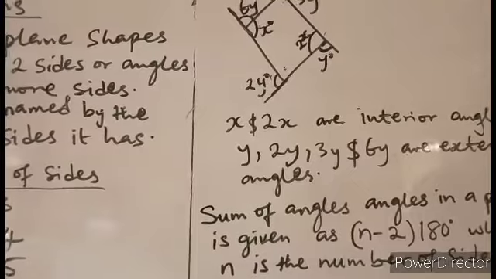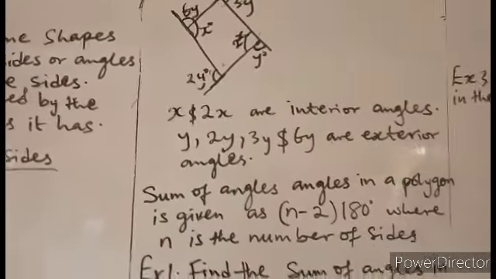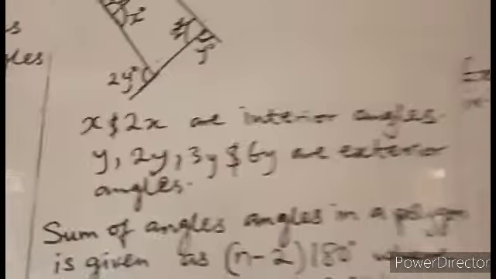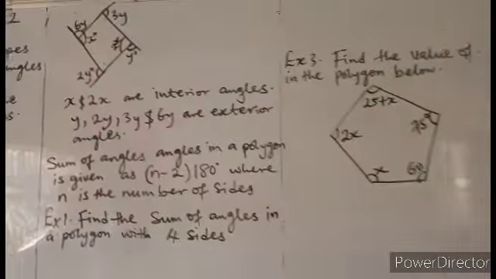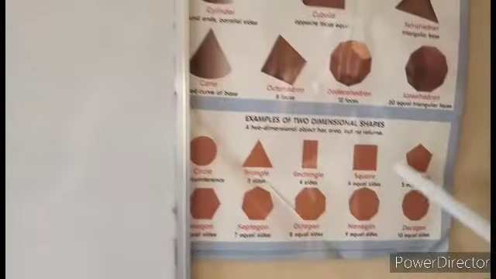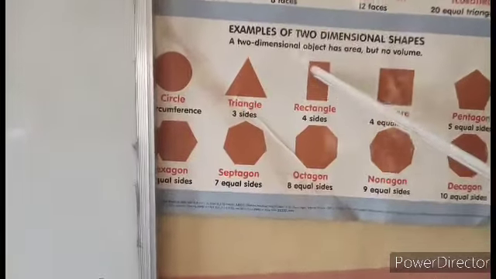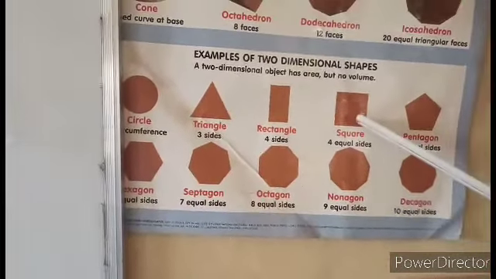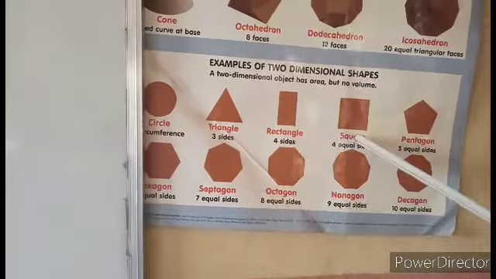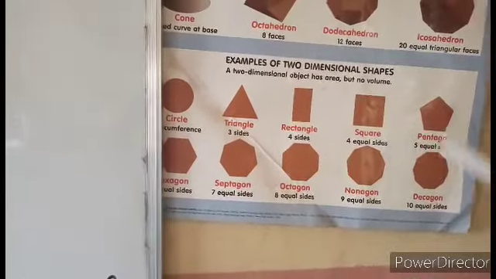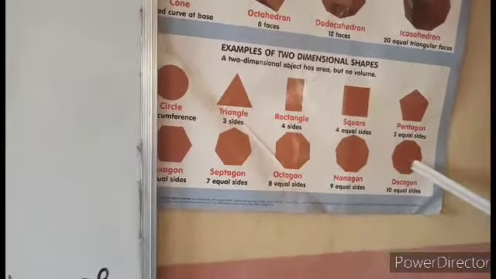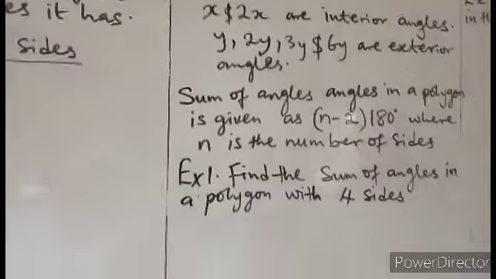Then we have sum of angles in a polygon. These are polygons. You can see triangle, rectangle, square. This rectangle and square, you can otherwise call quadrilateral because they have four sides. They have pentagon, nonagon, decagon, and the rest of them. So these are just polygons. So we'll be looking at sum of angles in a polygon.